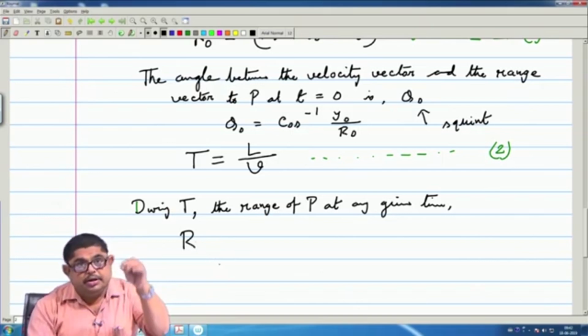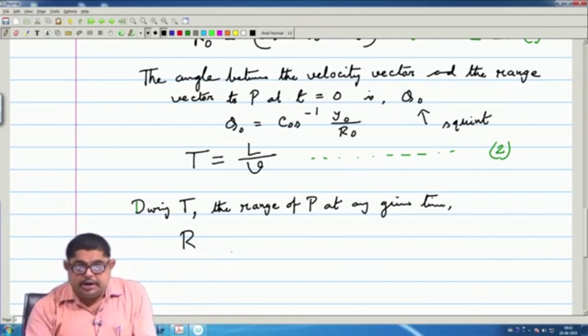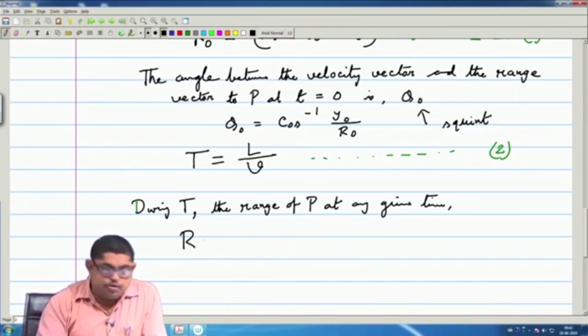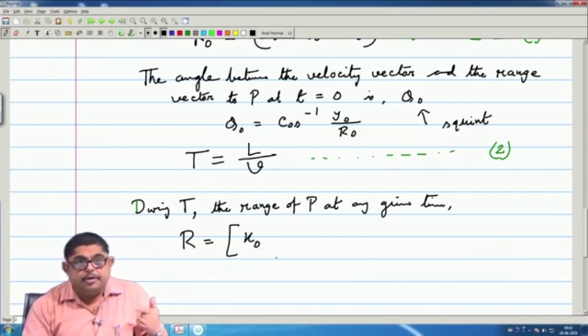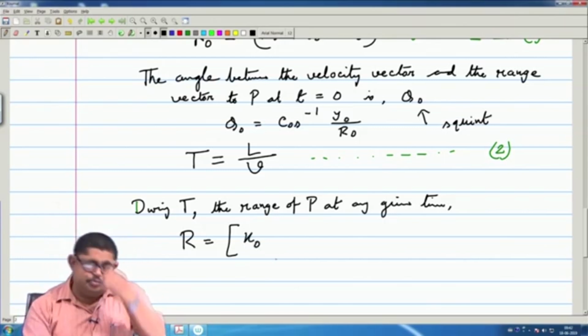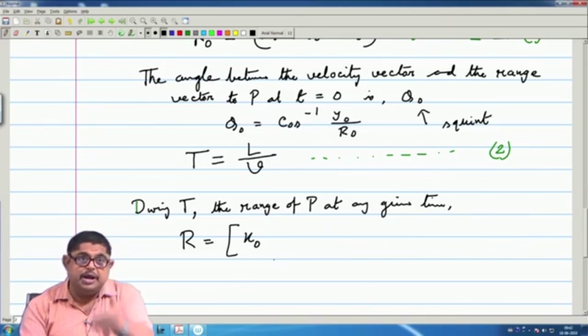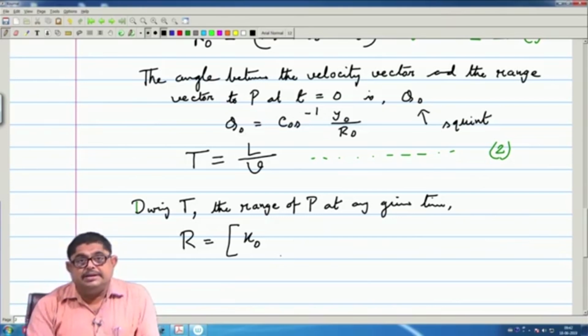R naught is the range at t is equal to 0. So, R I can easily write from the geometry as the position of the radar is moving along the y axis.